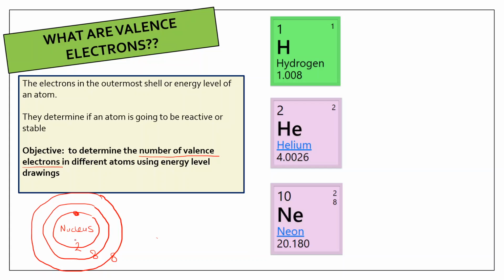And if that energy level is not full, that means that the atom is going to be reactive because it is going to try to look for some way to either give off or gain an electron to make that shell full.